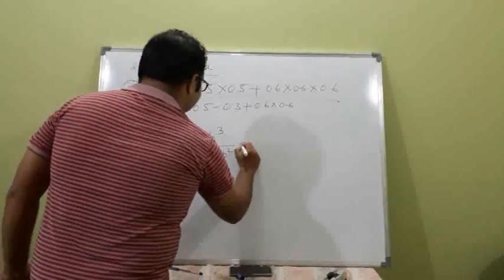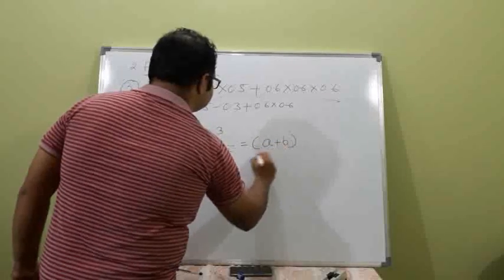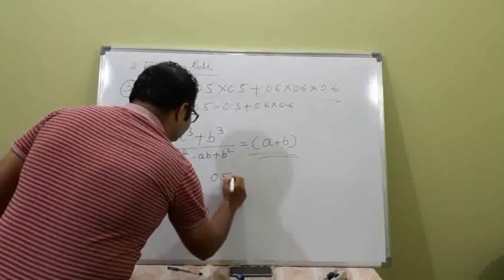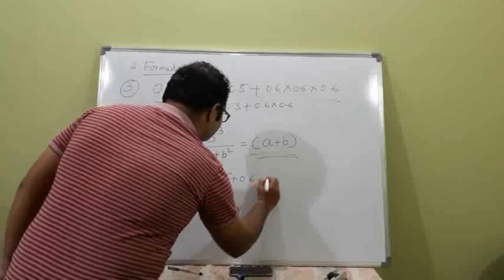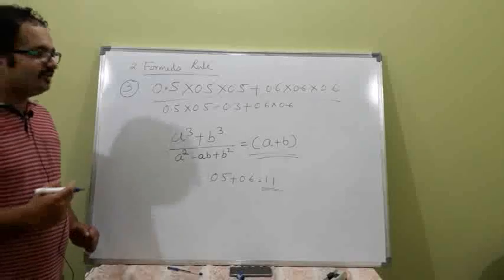The resultant of the formula is a plus b. A is 0.5 plus b is 0.6. Answer is 1.1. So this is the answer.